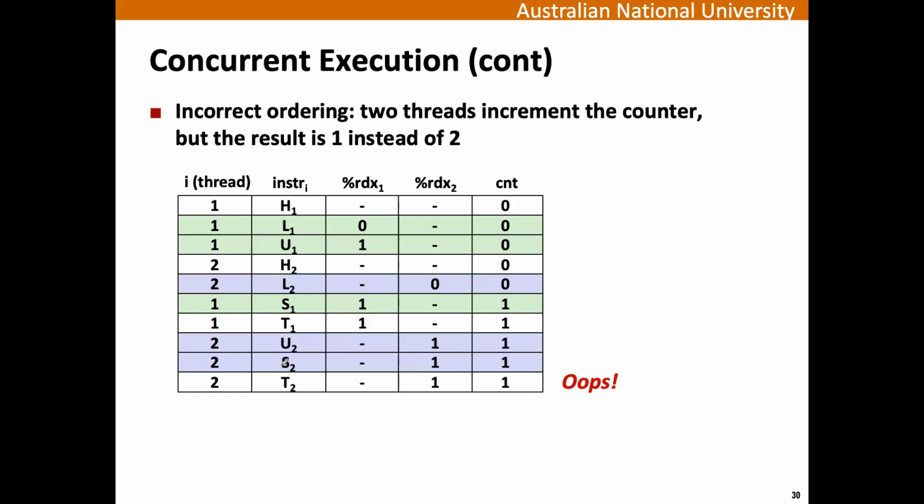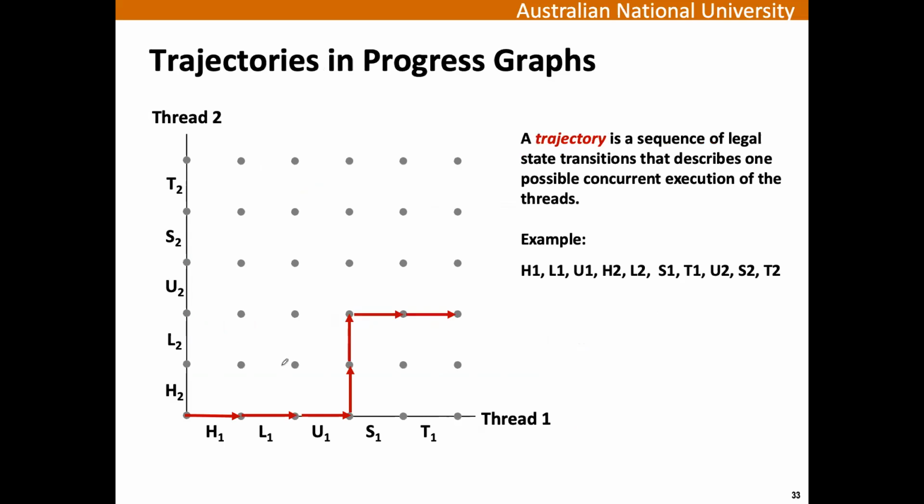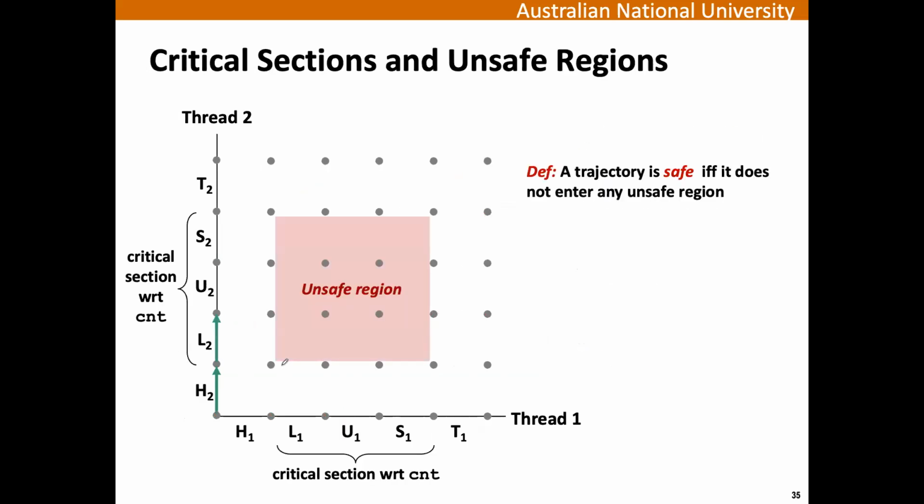But the P and V operations will allow us to never end up with an interleaving of instructions that looks like this, where the instructions in the critical sections are interleaved. So this is the mutual exclusion we are looking for from the semaphore.